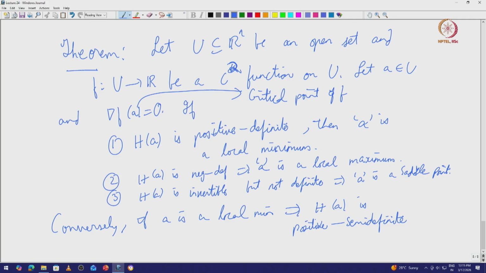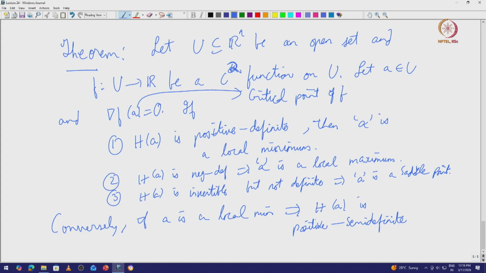Okay. And the converse is also true in the following sense, that if you have a local minimum, then the Hessian is not quite positive definite, but is positive semi-definite. Likewise, if it's a local maximum, it's negative semi-definite. Okay, so this is the statement of the second derivative test. But the trouble here is, we can prove it of course, but how will you use it, right?